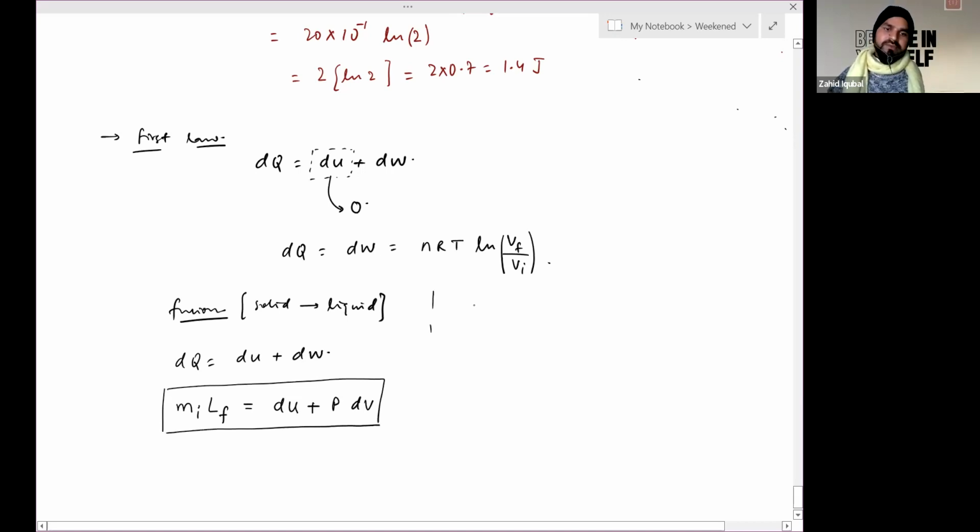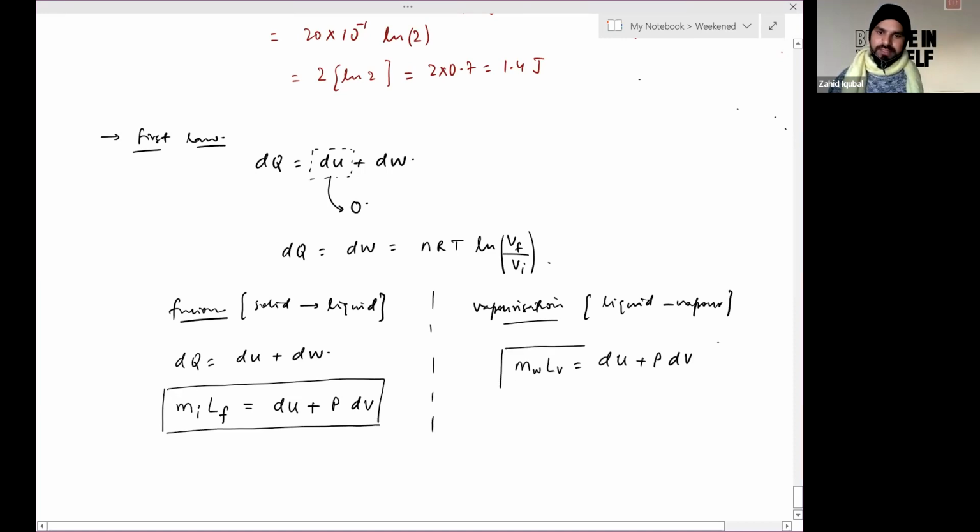Similarly, in the case of vaporization, that is changing from liquid to vapor state, the amount of heat supplied will be mass of water times latent heat of vaporization. It will be dU plus P times dV.